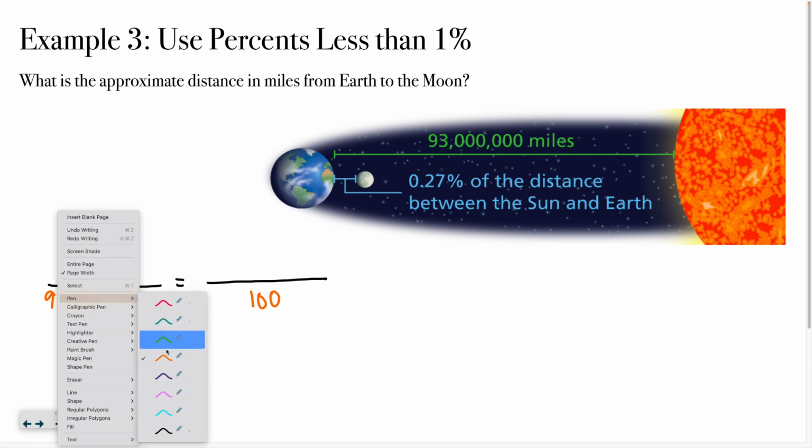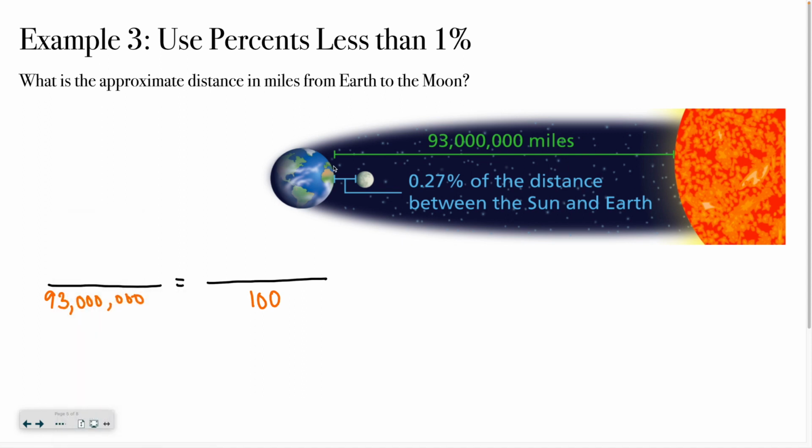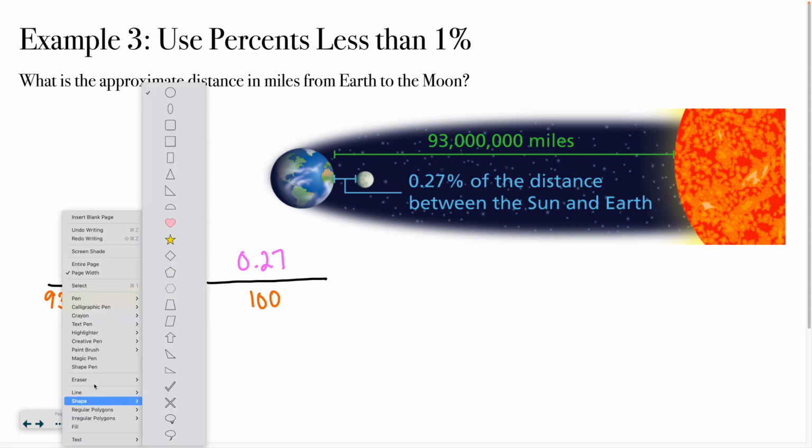And then if I'm working with trying to figure out the distance between the sun and the earth, or sorry, the moon and the earth, I see that that's represented by 0.27%. So I'm going to leave it as a decimal on the top, and then I'm going to use x to represent what is that distance.